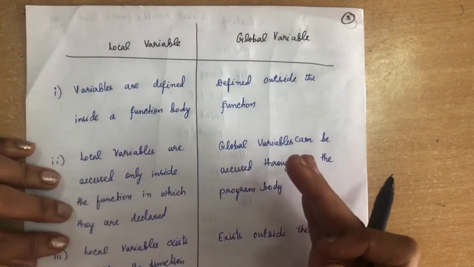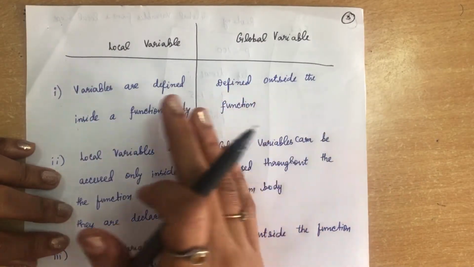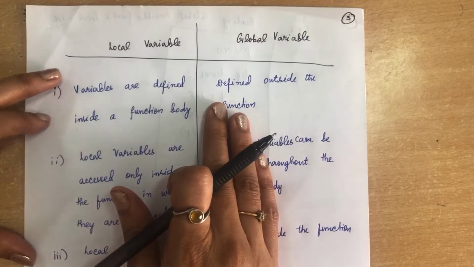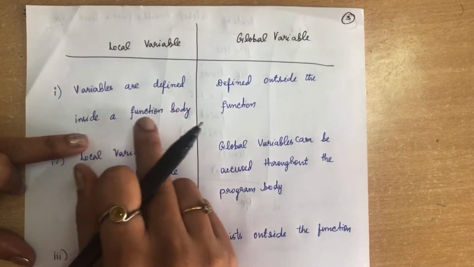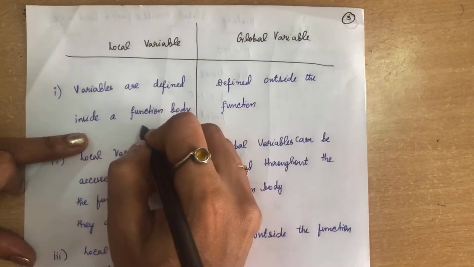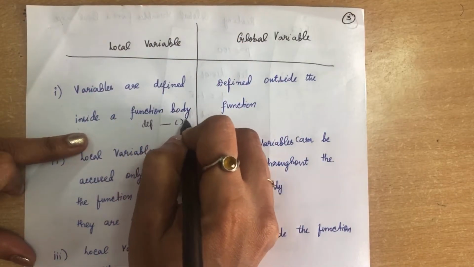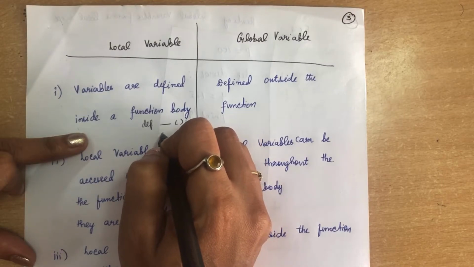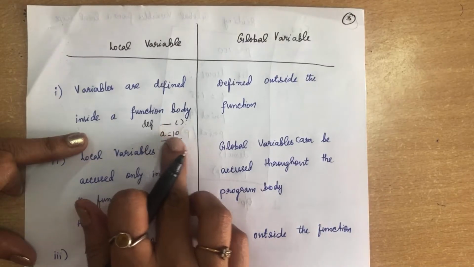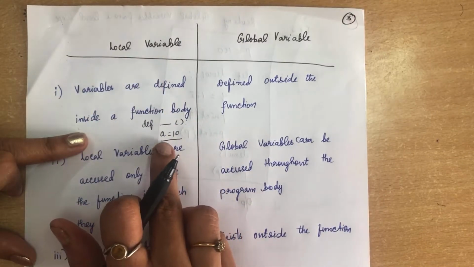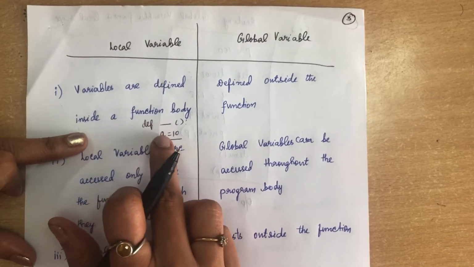Before going to the examples, we will see the difference between the local variable and global variable. Local variables are variables defined inside the function. So inside the function, you define the variable a is equal to 10. That means these variables are local variables.